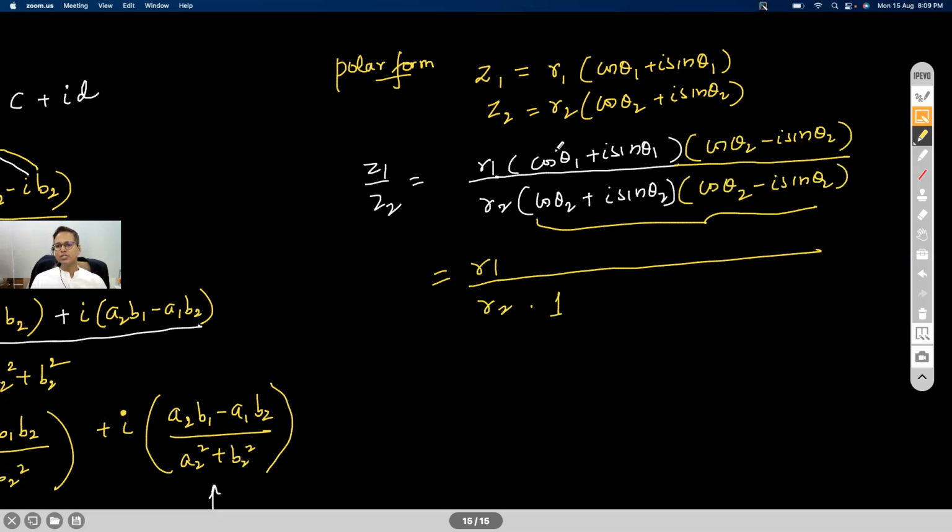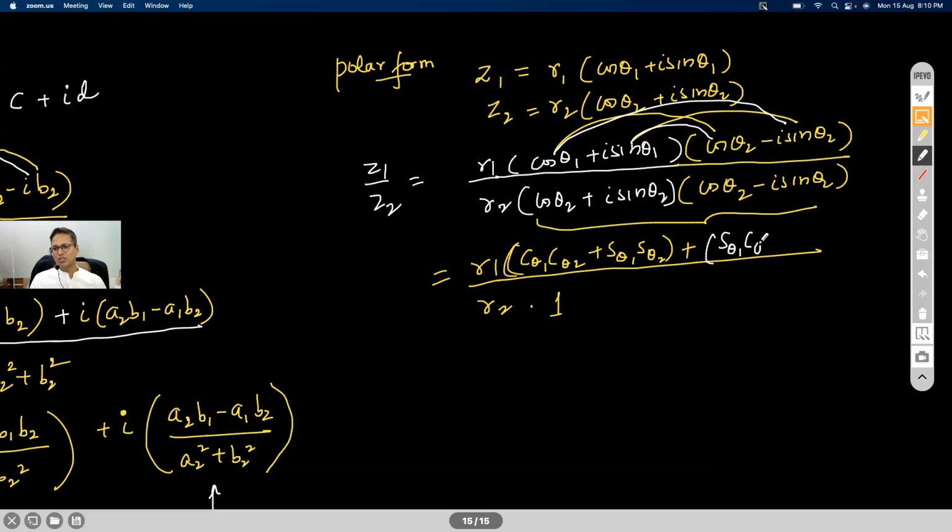Up in the numerator, you will get cos theta1 cos theta2 plus sin theta1 sin theta2. And this multiplied with this and this multiplied with this, you will get sin theta1 cos theta2 minus sin theta2 cos theta1, and of course i will also be here.